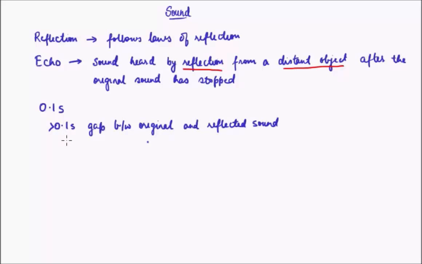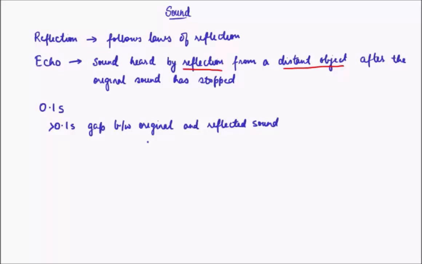What is the consequence of the 0.1 second gap between the original and reflected sound? The consequence is that the surface from which reflection takes place needs to be at some minimum distance so that the echoed sound gets 0.1 second time for itself. So let us try to see what that minimum distance should be for the echo to be heard.